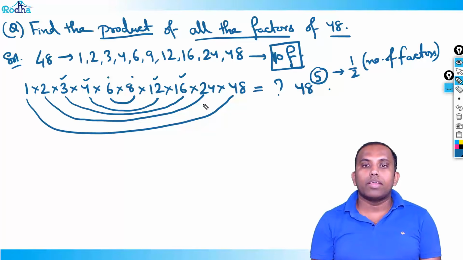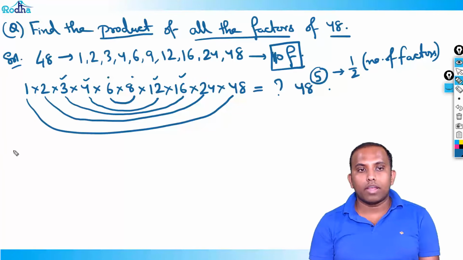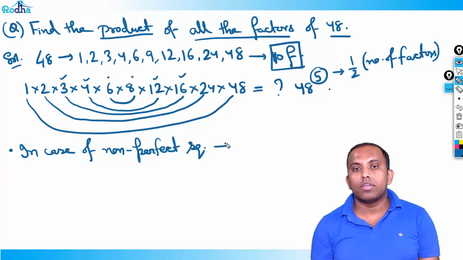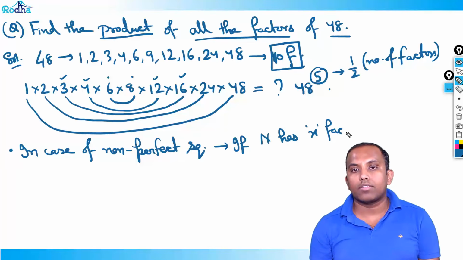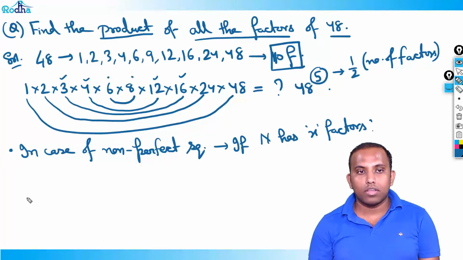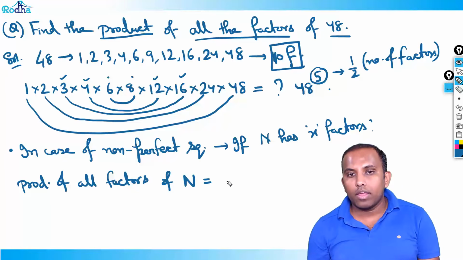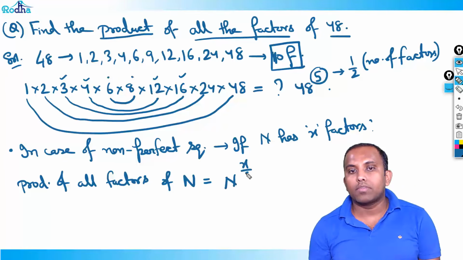So 48 raised to 5 is the answer. In case of a non-perfect square, I can generalize it. If n has x factors, the product of all factors of n will be equal to n raised to x by 2.